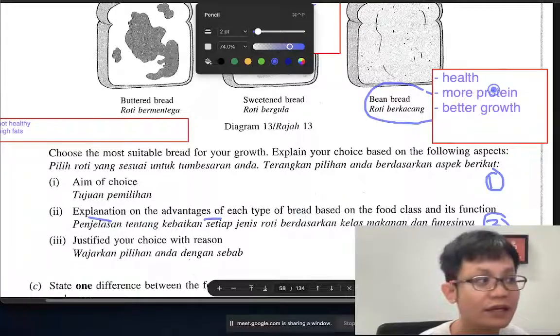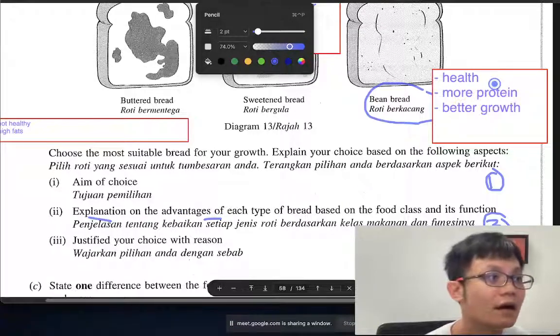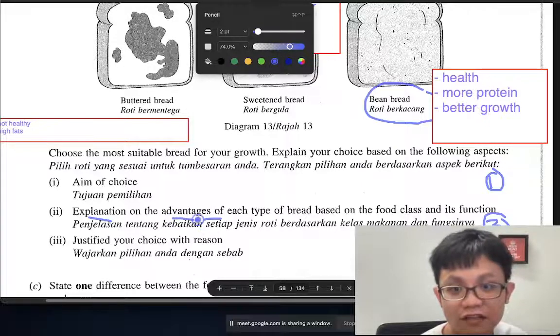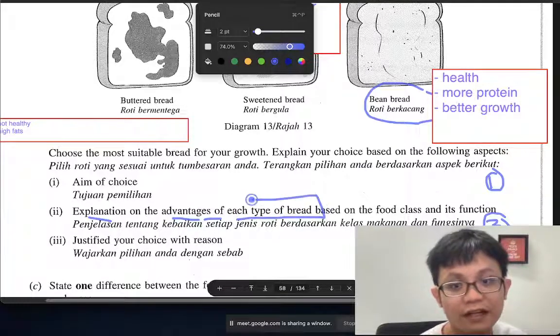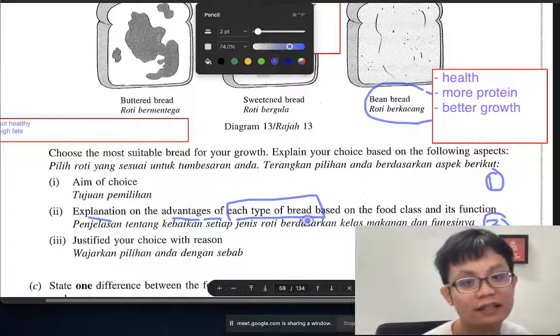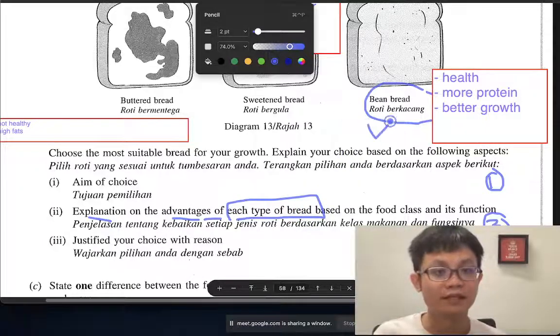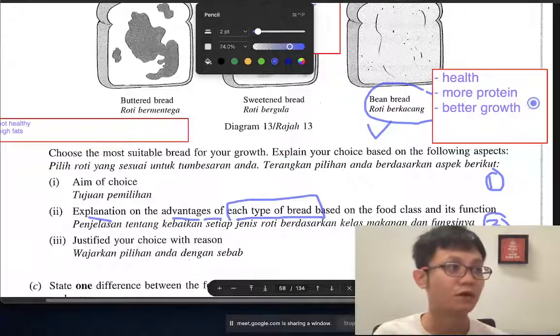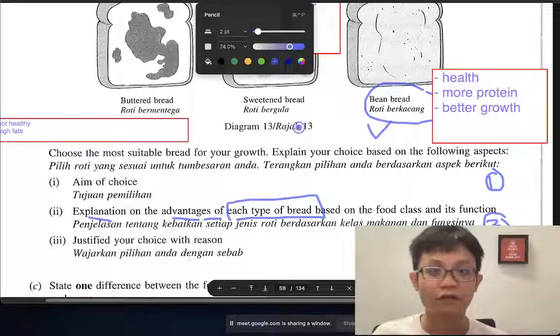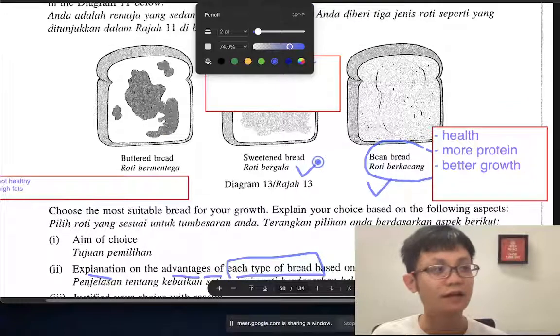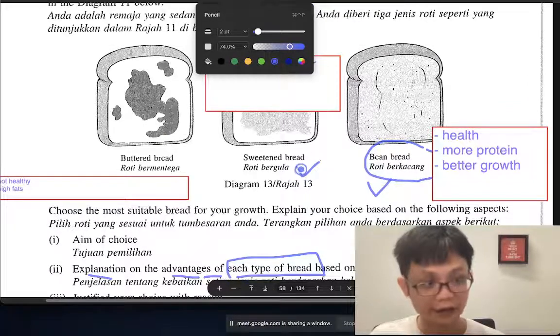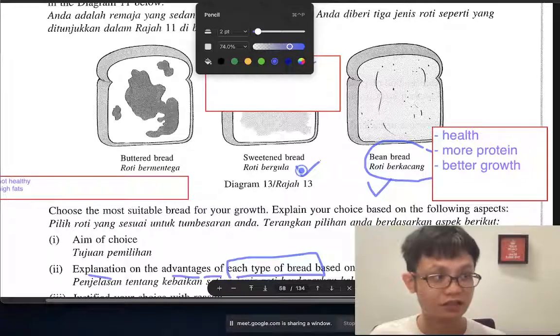Explain the advantages of each type of bread. Each type, you don't just say bean bread, then you're wrong. This is a trick question. So you want to say bean bread is healthy because it has more protein and is good for growth. Sweetened bread is very good because it has a lot of carbohydrate, and carbohydrate can give energy.